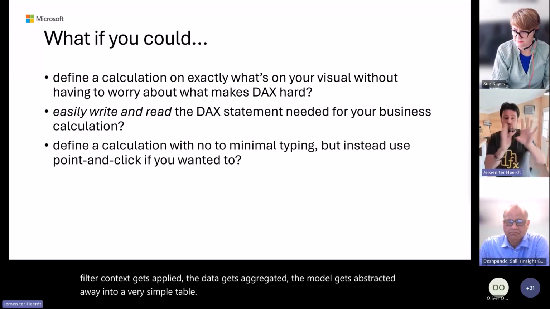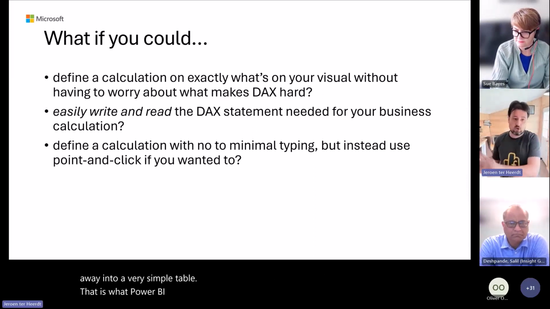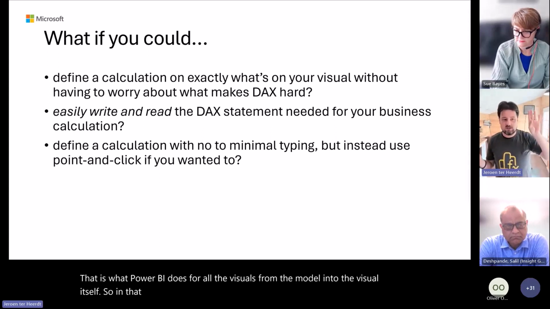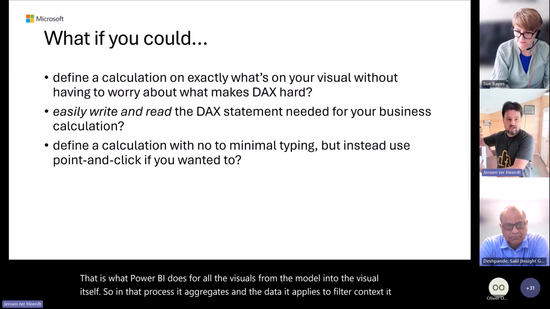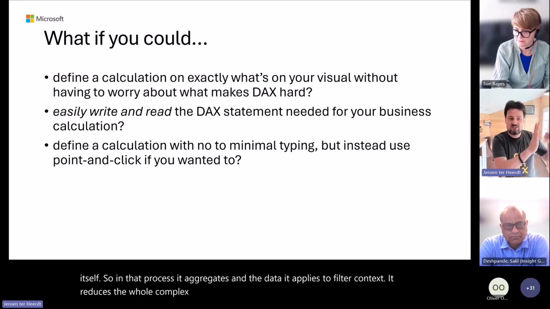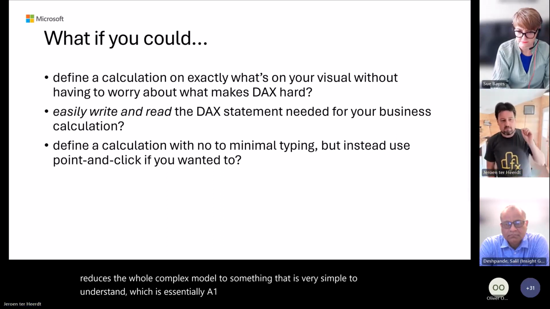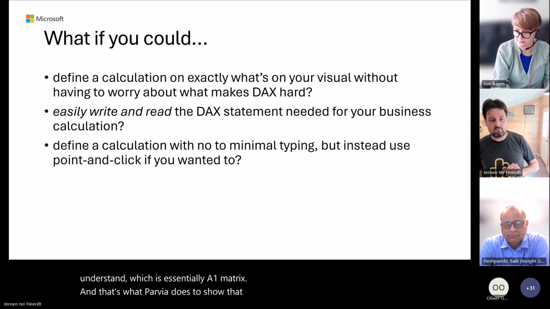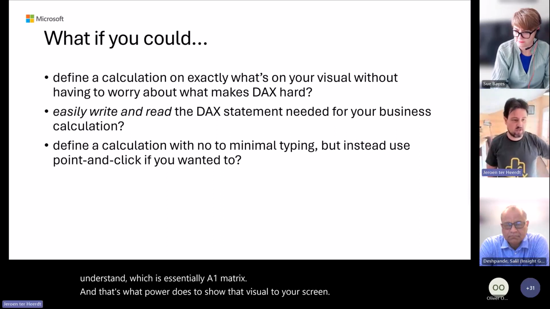That is what Power BI does for all the visuals, from the model into the visual itself. In that process, it aggregates the data, it applies the filter context, it reduces the whole complex model to something that is very simple to understand, which is essentially one matrix. And that's what Power BI does to show that visual onto your screen, and that's then converted to a column chart or whatever.